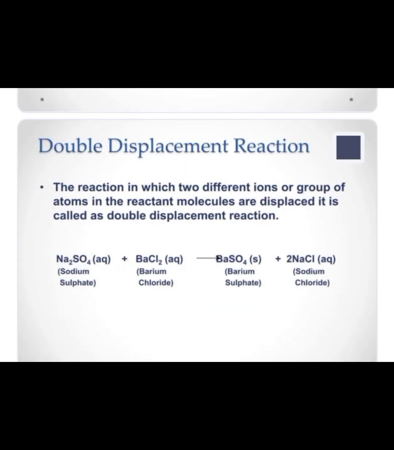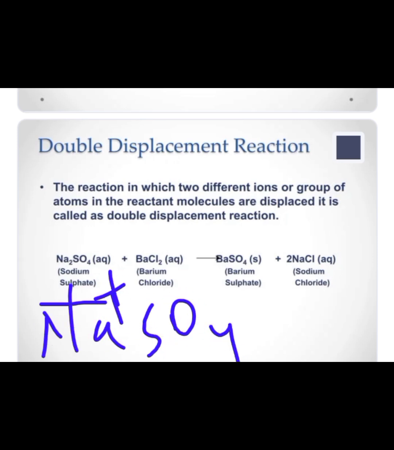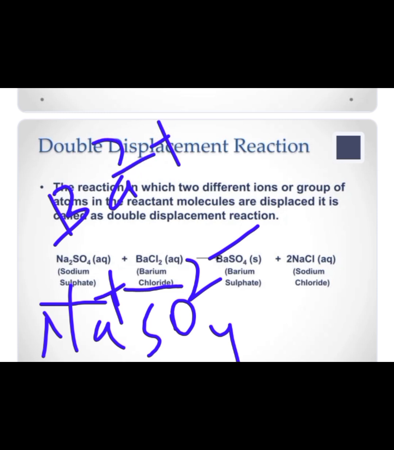Now discussing double displacement reaction, the reaction in which two different ions, in the sense ions of sodium sulfate, Na positive and sulfate SO4 2 negative, and barium chloride, that is Ba2 positive and Cl negative, in the reactant molecules are displaced or they are mutually displaced.